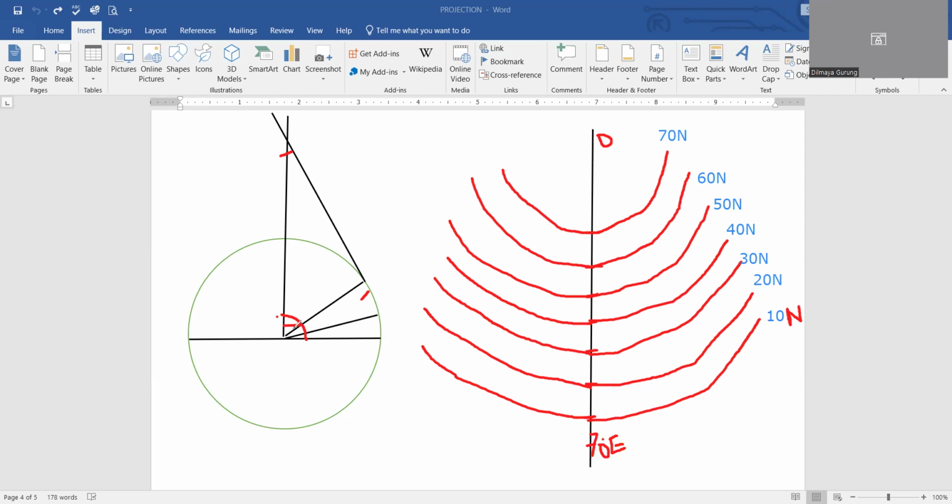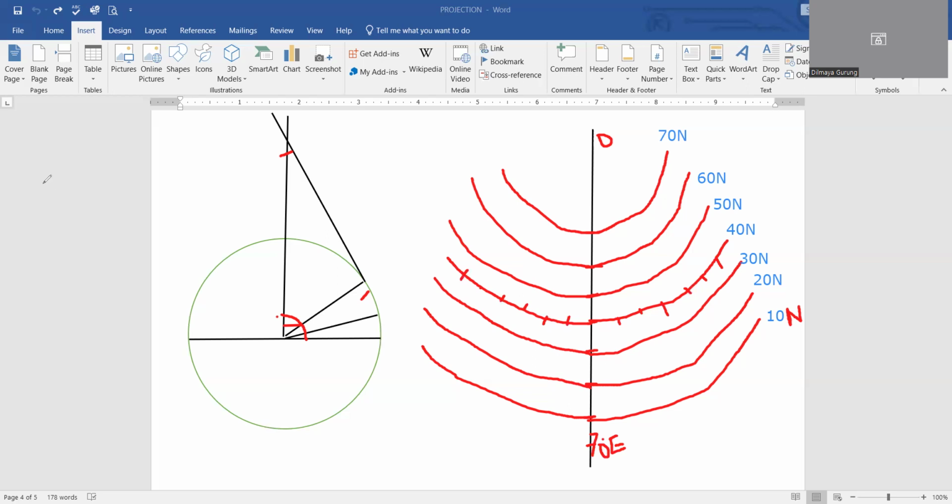Now take this measurement and mark 6 this side: 1, 2, 3, 4, 5 and 6. And the same way, 6 the other side: 1, 2, 3, 4, 5 and 6.